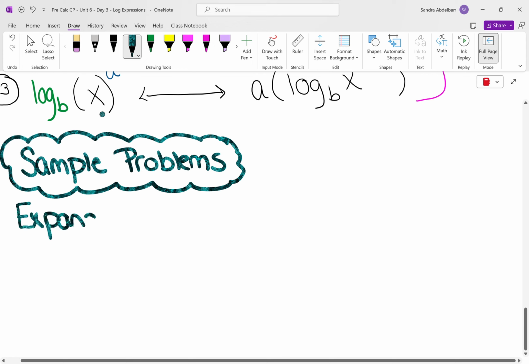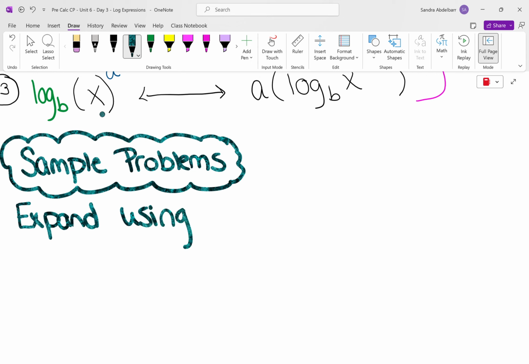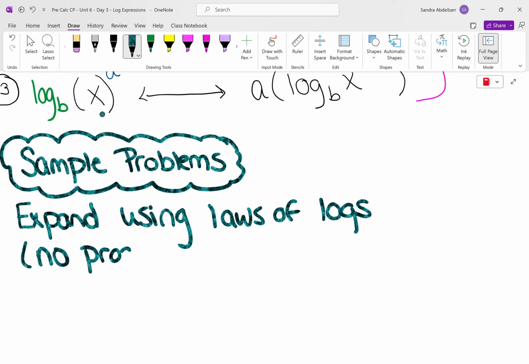Okay, I want us to expand using laws of logs. So that means I don't want any products, quotients, or powers.